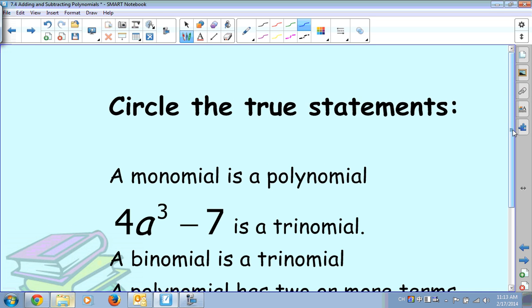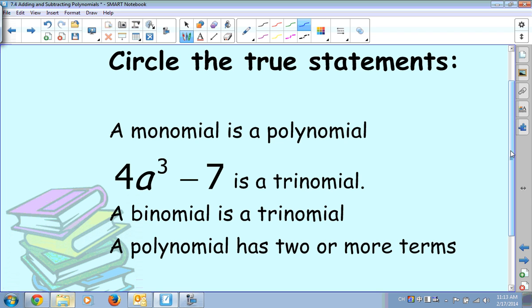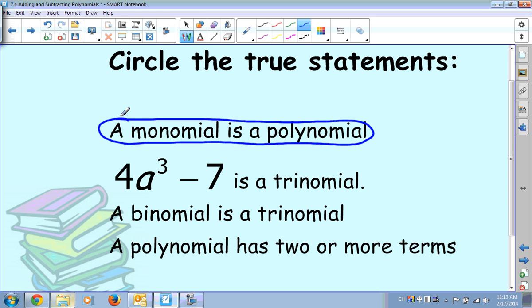Okay. Is this one on your paper? Circle the true statements. A monomial is a polynomial. Yes, it's a type. Good. True. 4a to the third minus 7 is a trinomial. No. What is it? It's a binomial if you wanted to make it true.